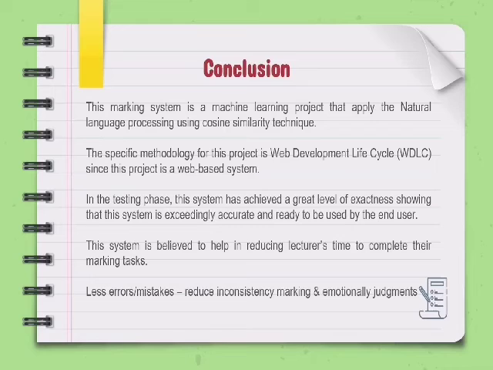Since this project is a web-based system, in the testing phase, the system has achieved a great level of exactness, showing that this system is highly accurate and ready to be used by the end user. This system is believed to help reduce lecturers' time to complete their marking tasks, and it promotes fewer errors and mistakes, reducing inconsistent marking and emotional judgments.